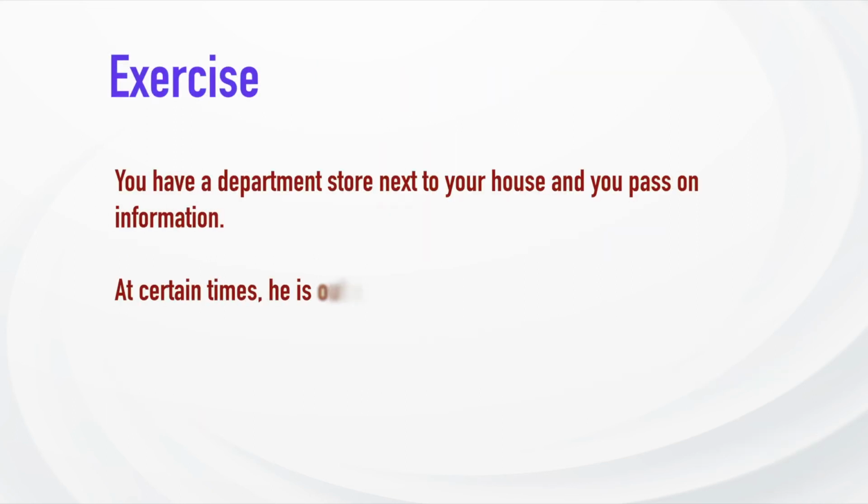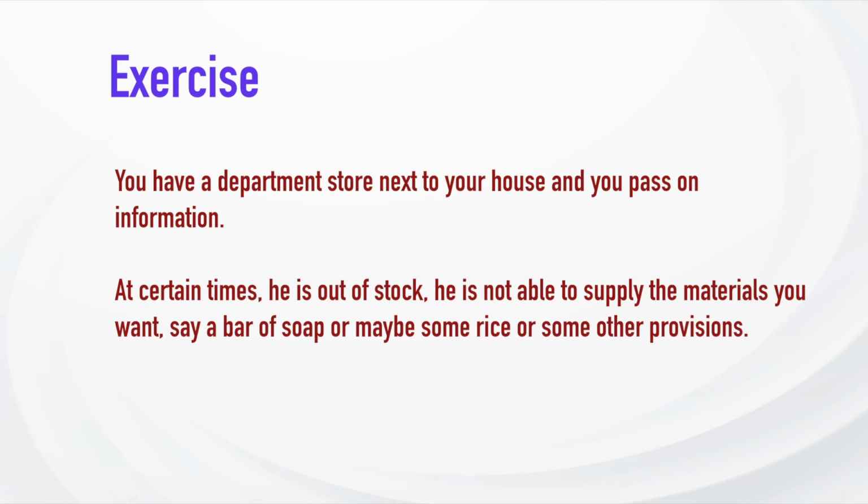Now, here is an exercise for all of you. Assume you have a department store next to your house and you pass on information. At certain times, he is out of stock. He is not able to supply the materials you want, say a bar of soap or maybe some rice or some other provisions.